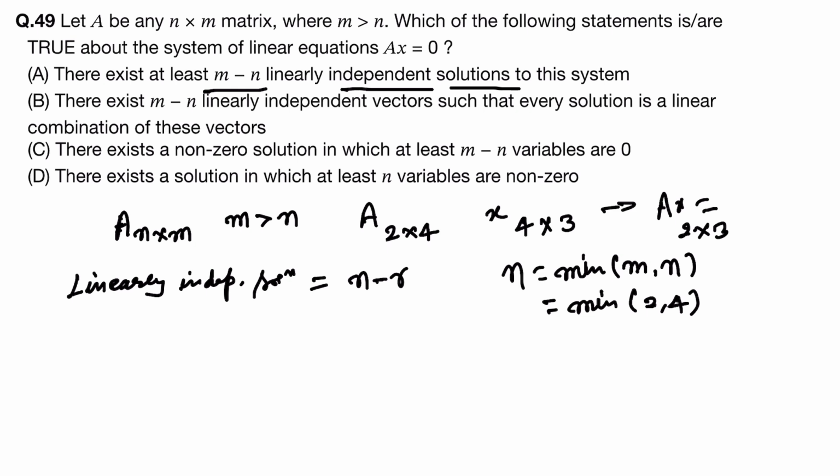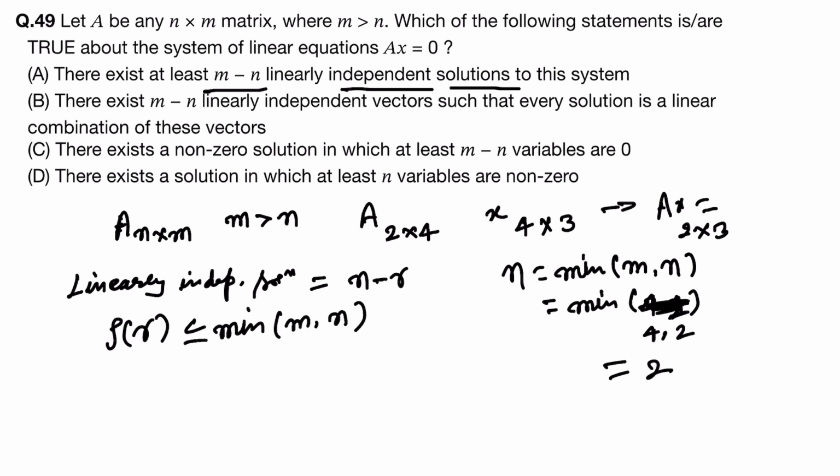Sorry, m is 4, this is 2. Let's take anything, 4 or 2, its minimum will be 2. Fine. And what will be its rank? Rank is less than or equal to the minimum of m and n. So here rank will be less than or equal to 2. So that means rank can be 0, 1 or 2.